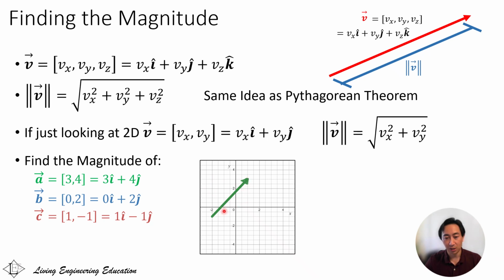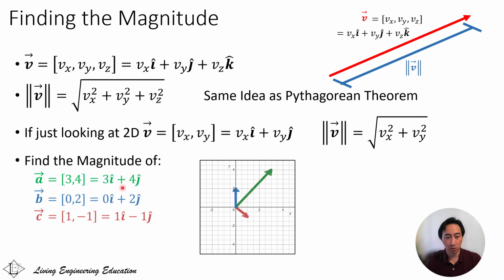So I can place it here, and it has the correct length and the correct direction. I can also move this arrow to have the origin as its base, and it's the exact same vector. I have not changed the definition of this vector at all. So I can move this around as long as I don't rotate it, and as long as I don't change the length of it, I'm looking at the same vector.